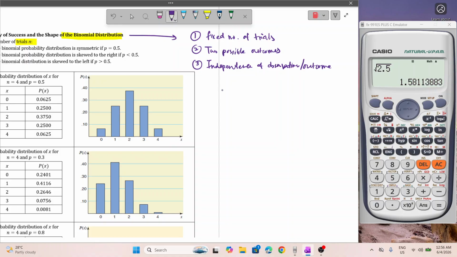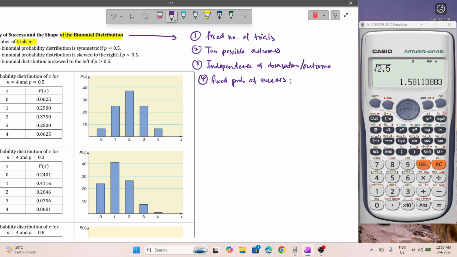And what is number four? Fixed probability of success.